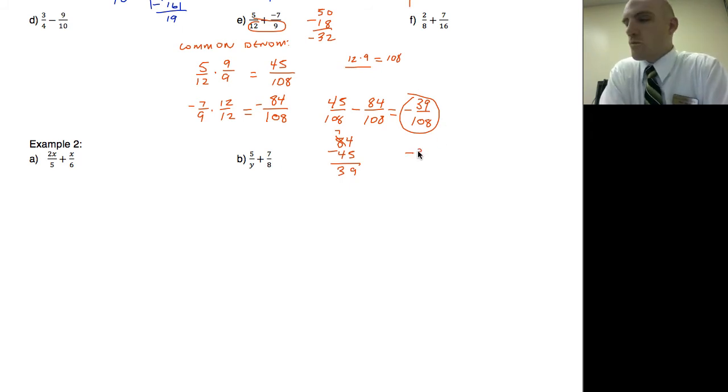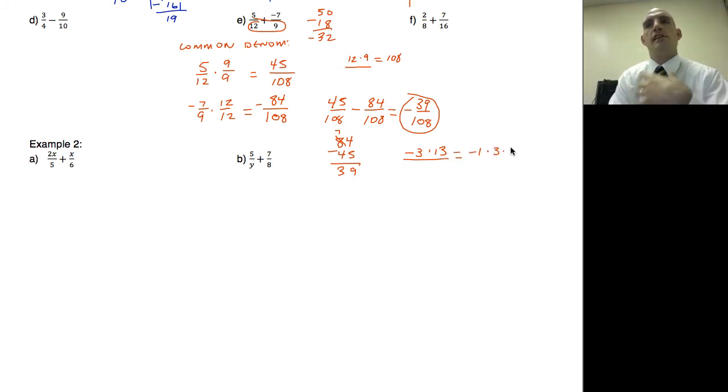Ladies and gentlemen, as far as this is concerned, what we can do is try to multiply this out using prime factorization to reduce it. But your answer of negative 39 over 108 is going to give you a start, and then from there, it's just reducing fractions. So we know that negative 39 is negative 3 times 13, which equals negative 1 times 3 times 13.